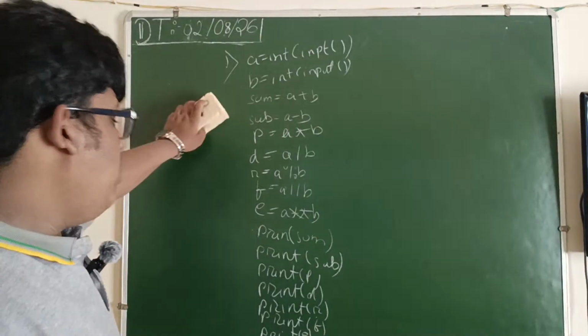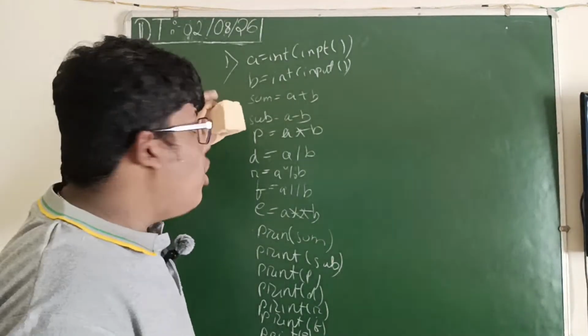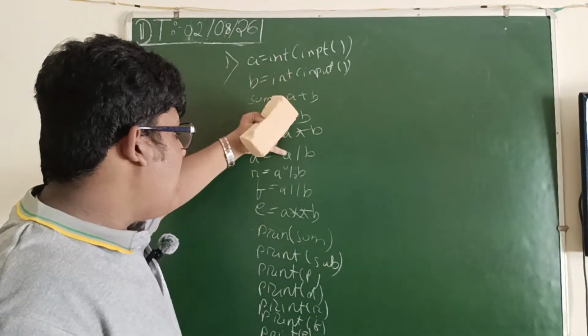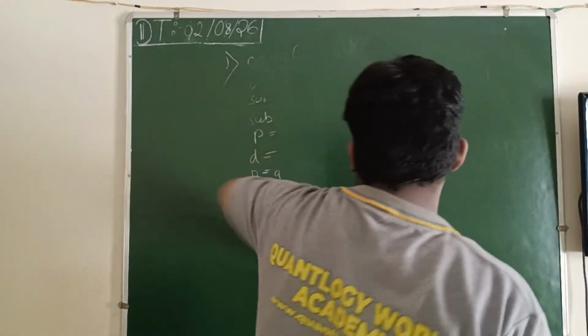So at last we will print all the arithmetic values that we got after using all the arithmetic operators, that is plus, minus, asterisk, slash, percent, double slash, double asterisk. So the first program is completed.